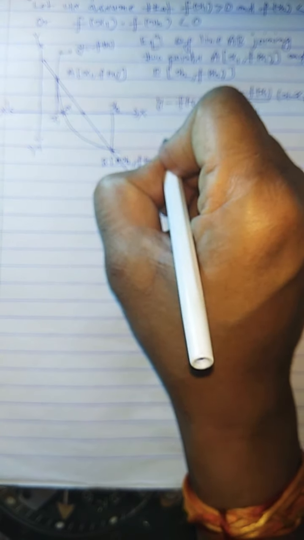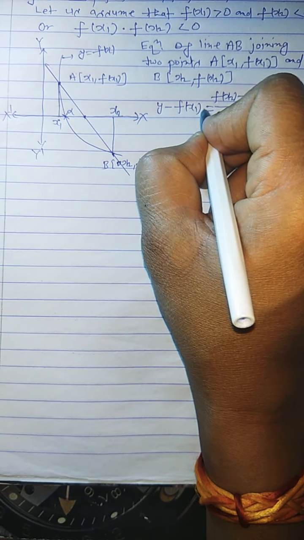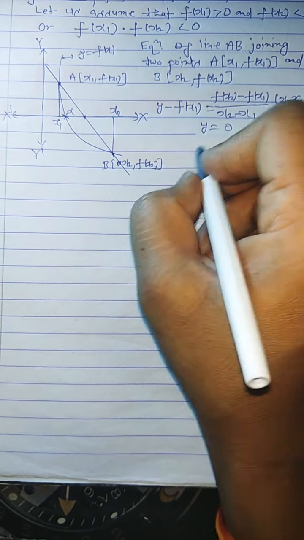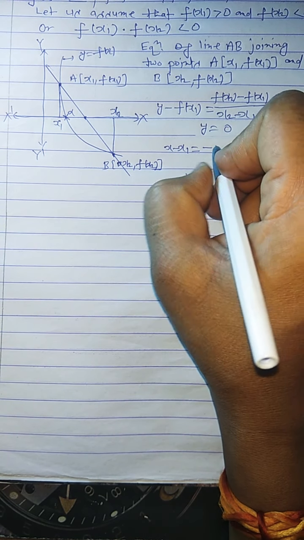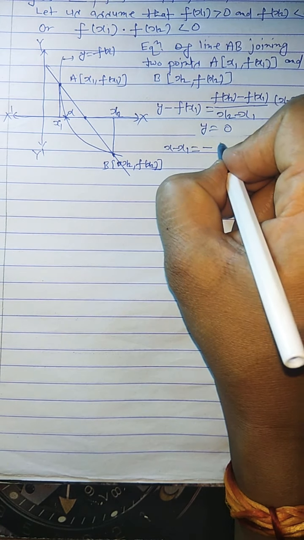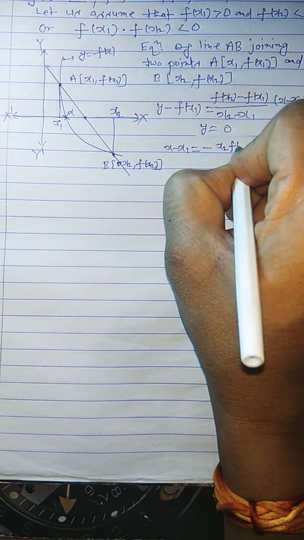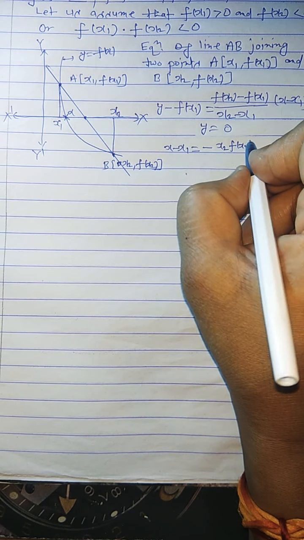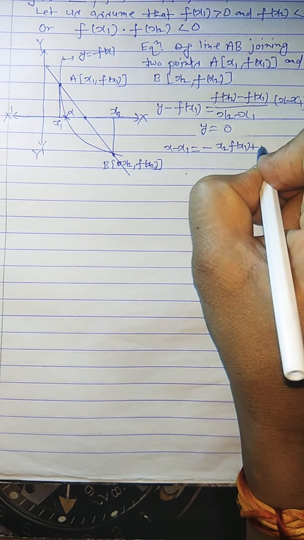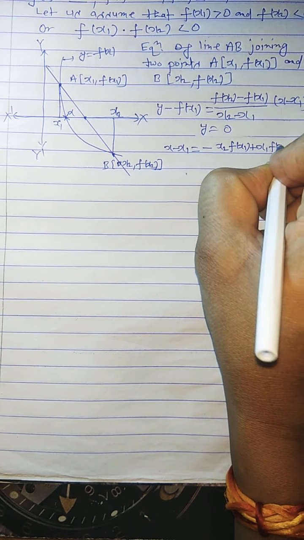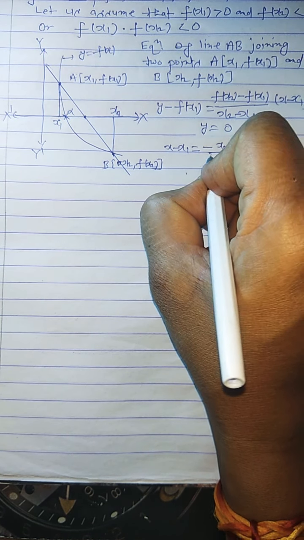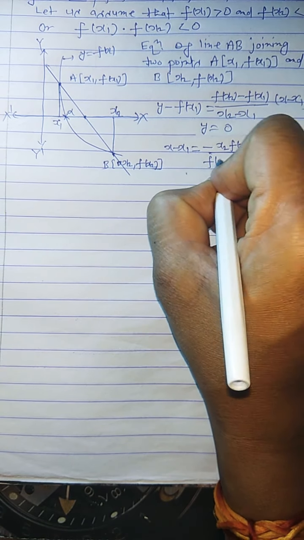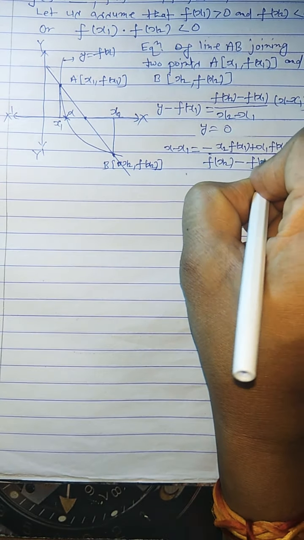When we put y equal to 0 and cross multiply, we get x minus x1 equal to minus x2 f(x1) plus x1 f(x1), upon f(x2) minus f(x1).